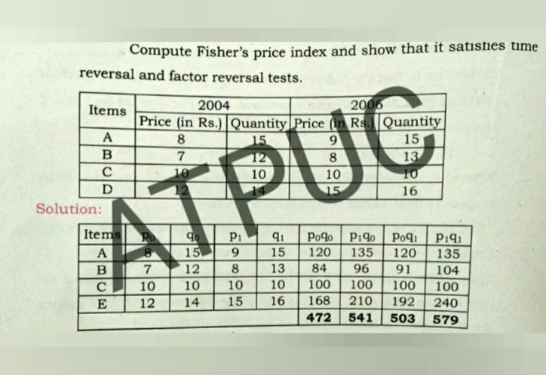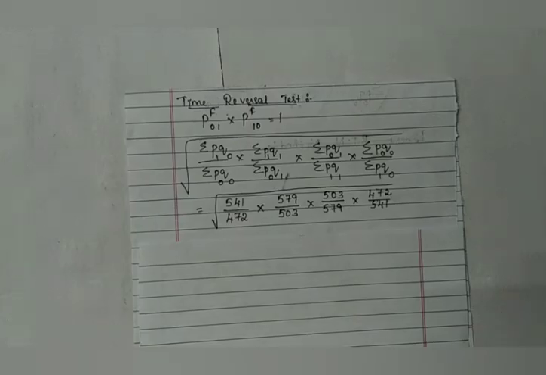It's already shown in my previous sessions. So now we will be using the final answers of this calculation to solve our problem. So here we are asked to prove that Fisher's method satisfies both time and factor reversal test, isn't it?